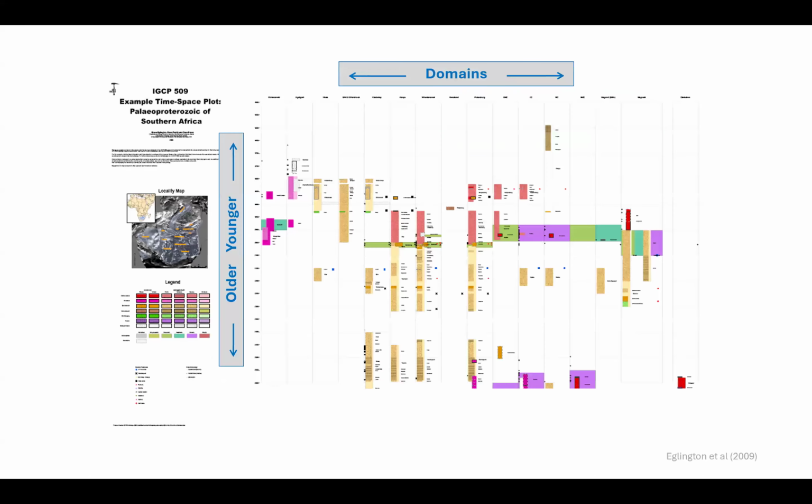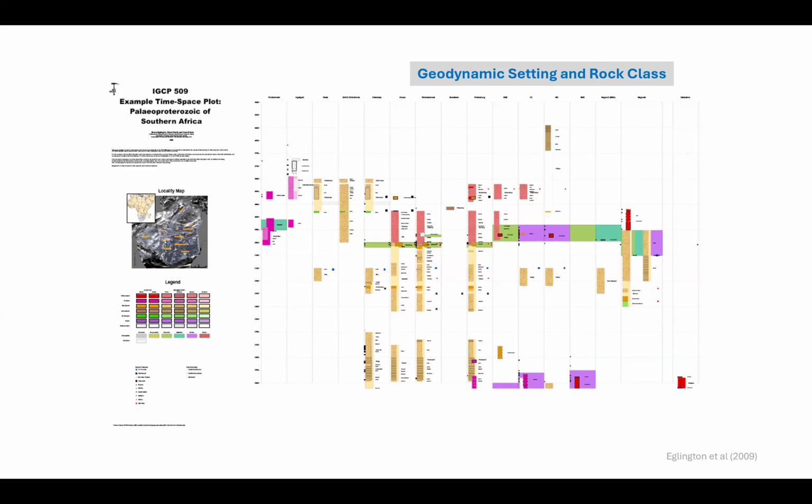But as part of that, we were able to then also generate correlation charts where on a y-axis you go from older at the bottom to younger at the top, and you have a series of domains. Don't worry that the text is very small. All one wants to get is the concept that one can do this type of thing. One actually uses GIS, as it happens, to produce this. It's not a map, but it is an XY plot space where different colors represent different tectonic settings and rock classes.